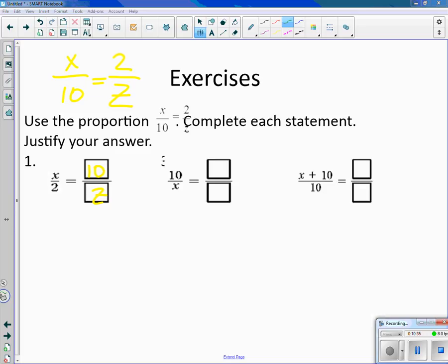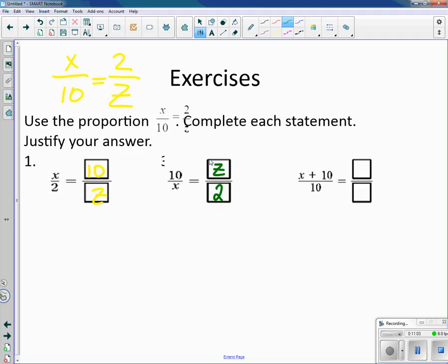It says 10 over x. Let's look at the pattern here. It went denominator over numerator. So what do I need to do for the other one? z, denominator, over numerator. 10 over z becomes z over 10. There it is. This one says x plus 10 over 10. So what do you think you're going to put here?